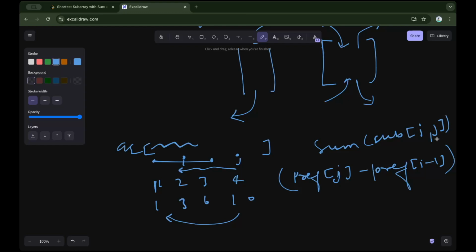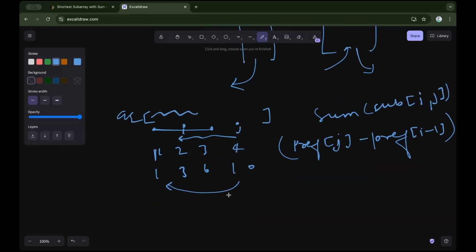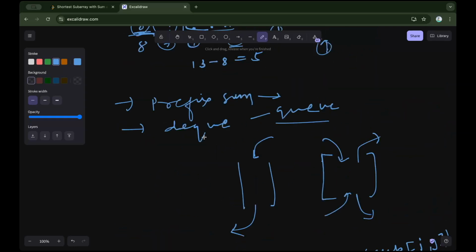So this is a technique. I'll explain later how to code this. And with the help of a deque, we'll try to solve it.